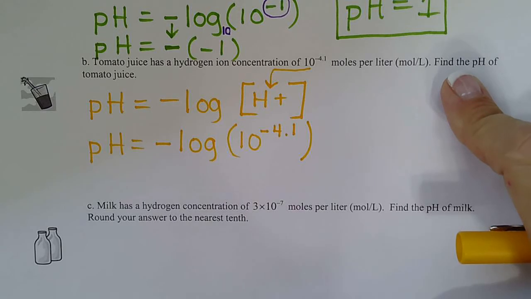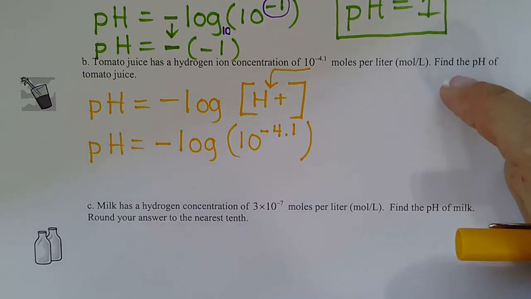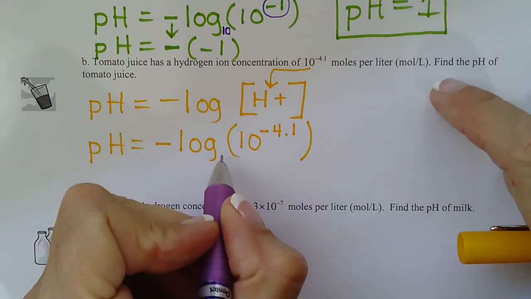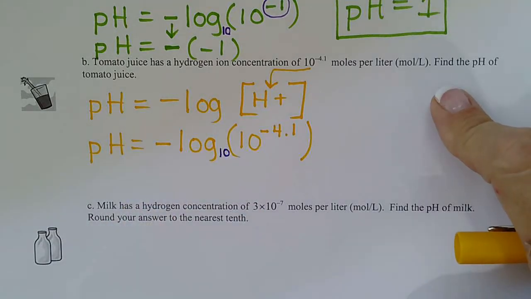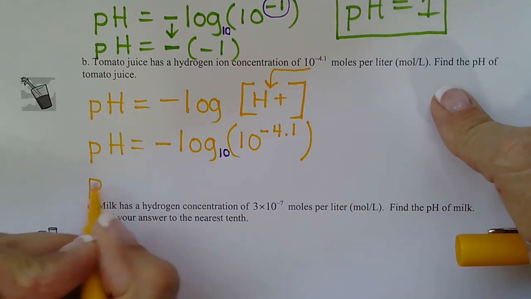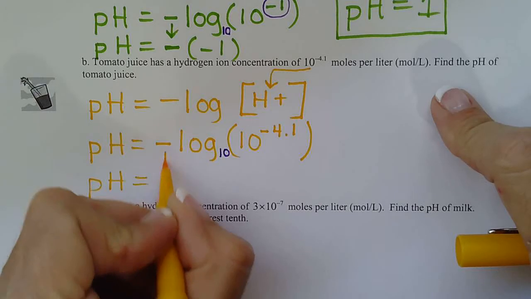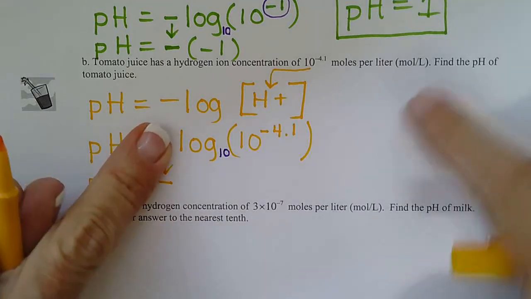Can we do the inverse property of logs again? Absolutely. Base is missing. So the pH is going to be, bring down this negative and then evaluate this.